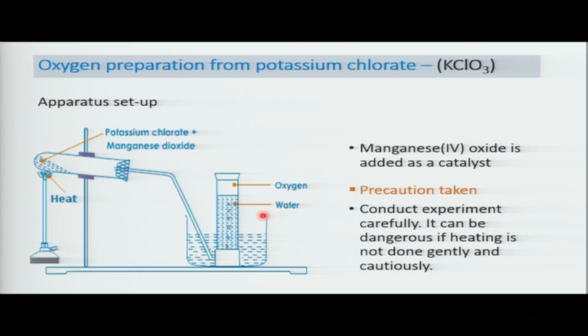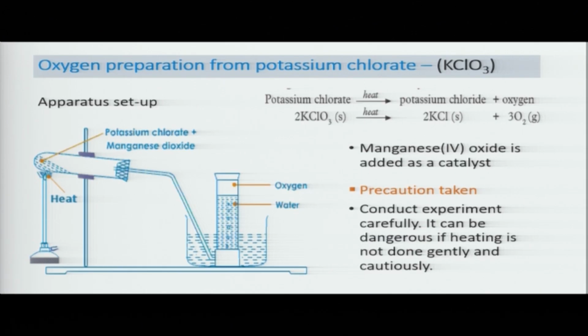Then you will have your oxygen, which is also collected by downward displacement of water. And that is also the equation. Please take note on how to write the equation. As I said, practice them as much as you can.